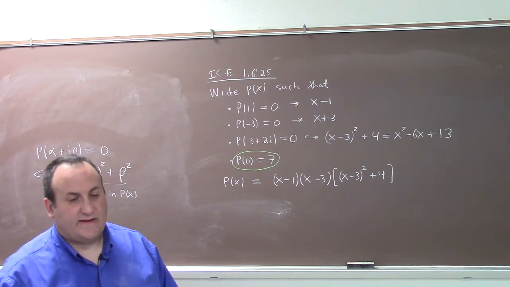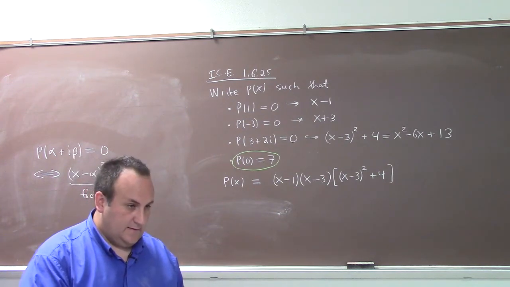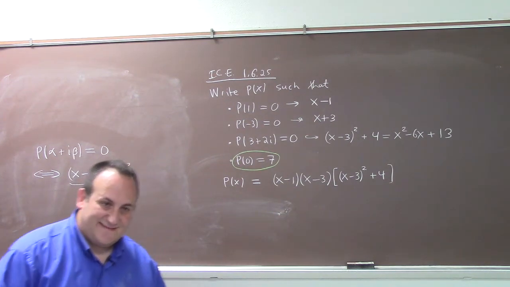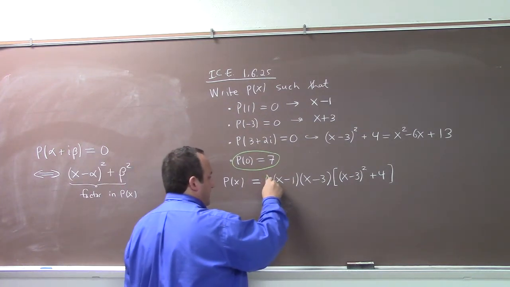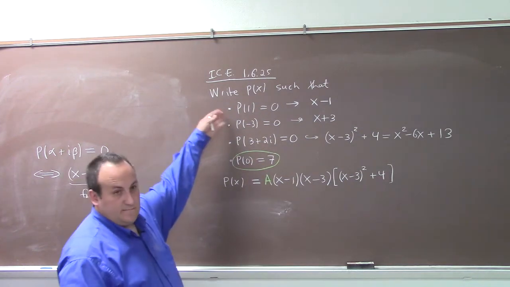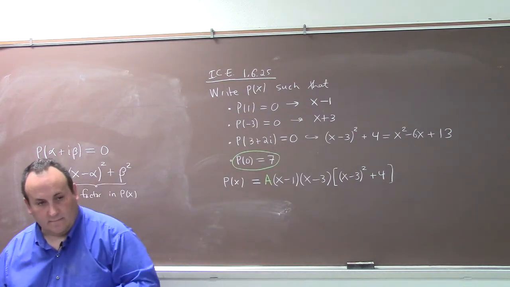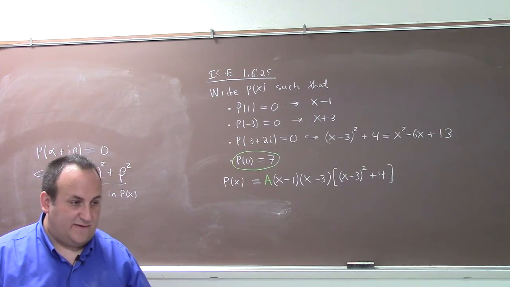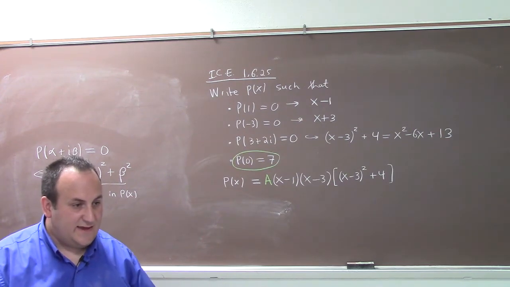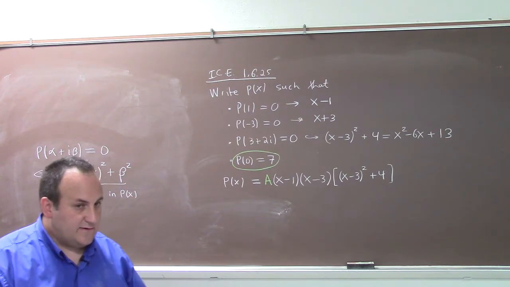Almost all of my examples have had a leading coefficient of 1, but that's just because I'm lazy, right? I mean, you could put an a here. Doesn't change anything. But now, you see, we have the annoying problem of figuring out what a has to be in order that P of 0 is 7. So what do?